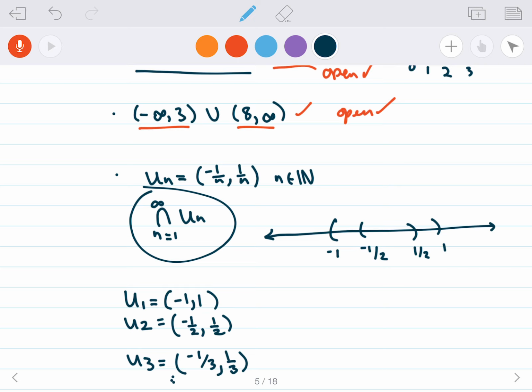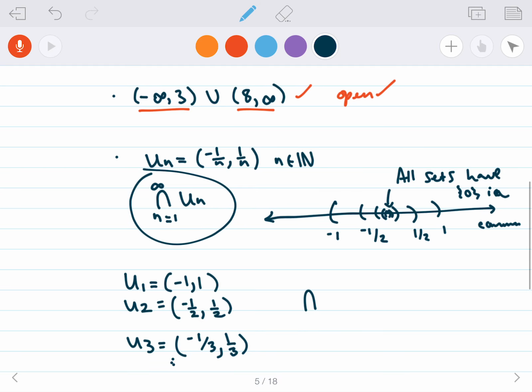So what do all of these sets contain? What are all of these sets going to have in common as n gets large? All sets have 0 in common, right? Because when n gets large, these little intervals are shrinking closer and closer to 0. They're never going to reach 0, so they're all going to have 0 in common.